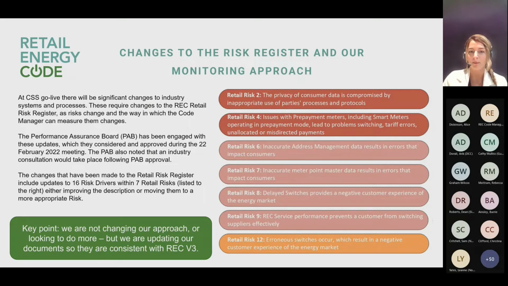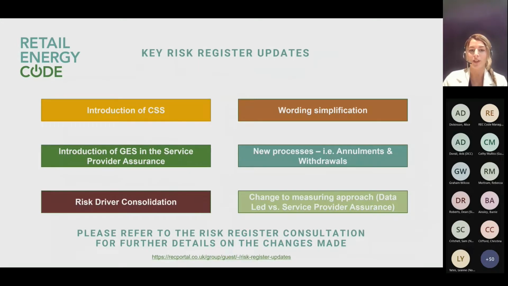We've recently published the consultation response, so thank you to all of those that participated in the consultation process. In summary, there's been changes to 16 different risk drivers within those 7 retail risks that are listed to the right. But if we move to the next slide, I'll walk you through an overview of what has really changed.